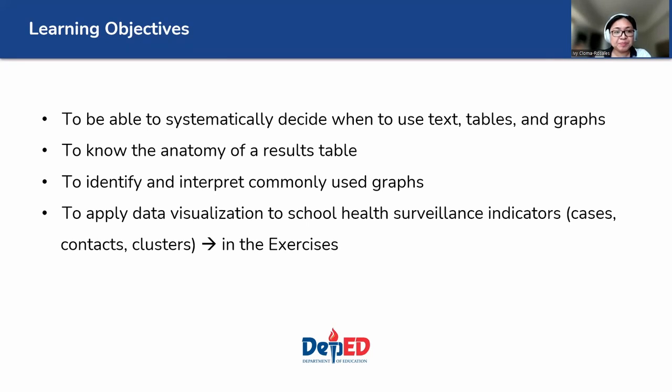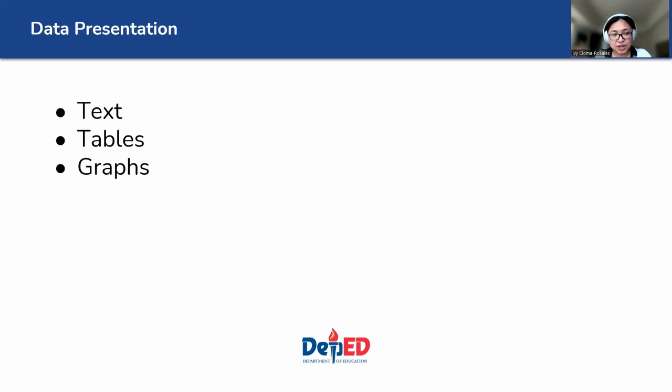So let's begin. In data presentation, we can express data in text, in tables, and in graphs. As a rule of thumb, I will really start with text first. Can I convey something in a simple sentence? If yes, then I stop there. It is already text.